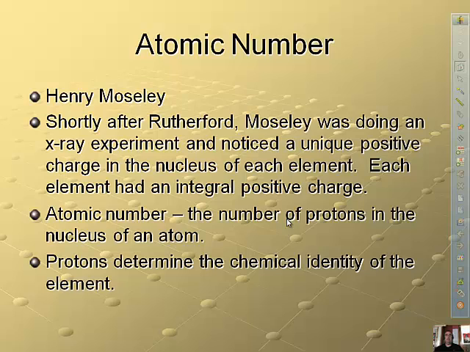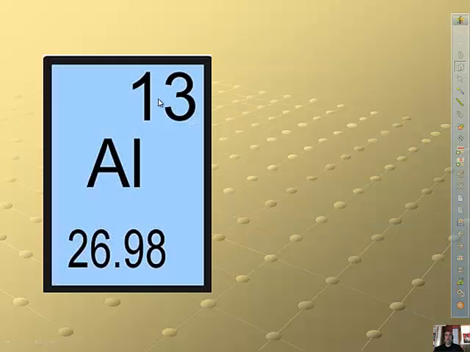The number of protons in the nucleus of an atom determines the chemical identity of the element. When you look at a periodic table, the atomic number is always the whole number on the periodic table. I'm just giving you a generic one here of aluminum.